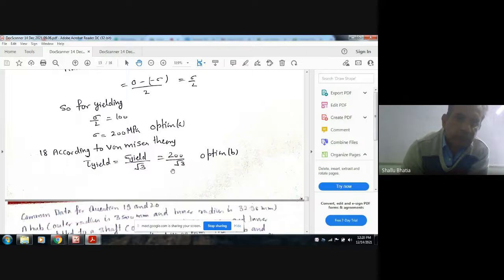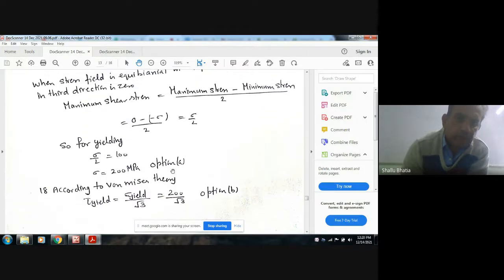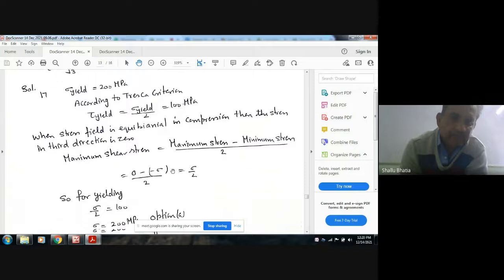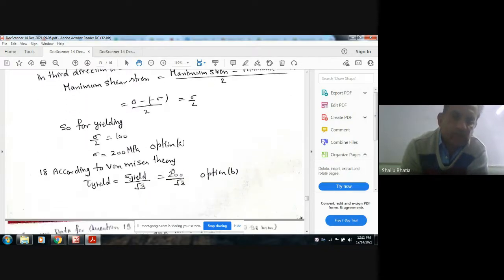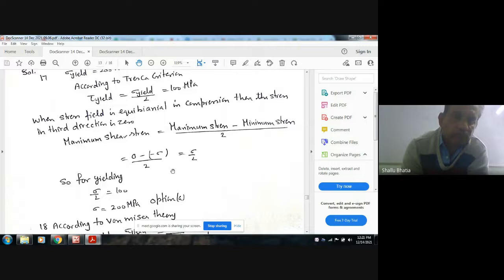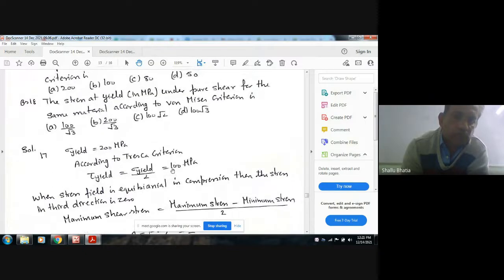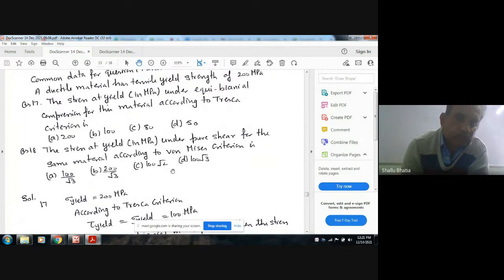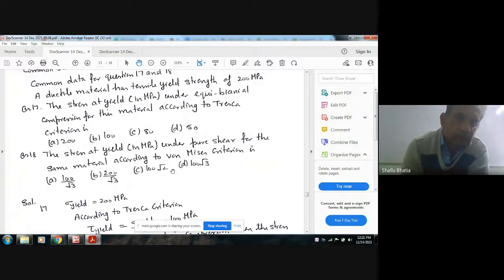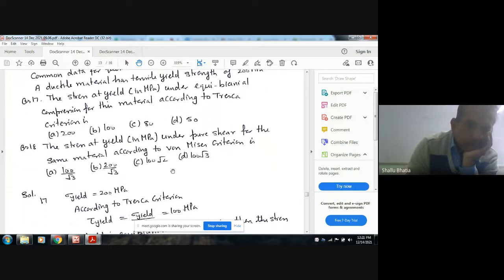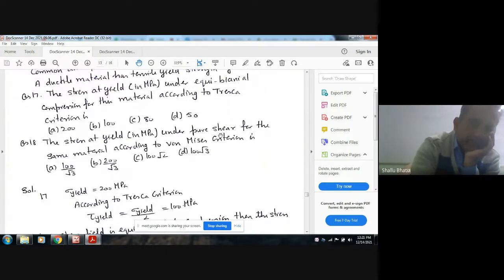So tau yield is 200 by root 3. As in the second case, pure shear is given.